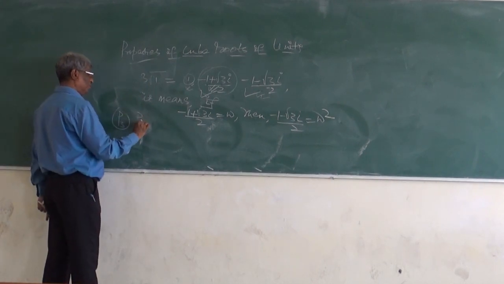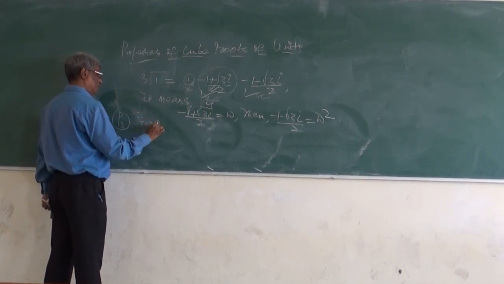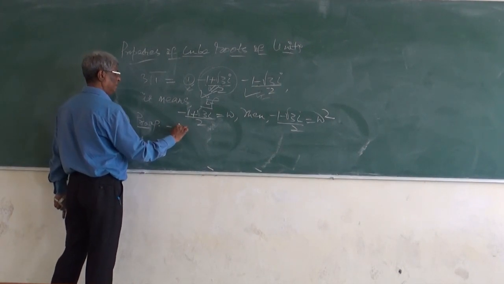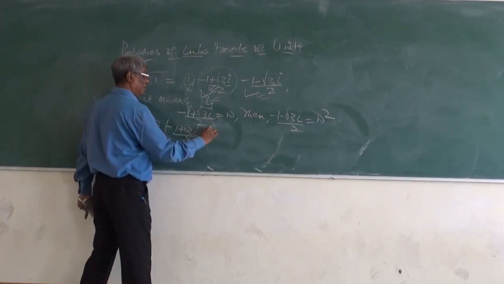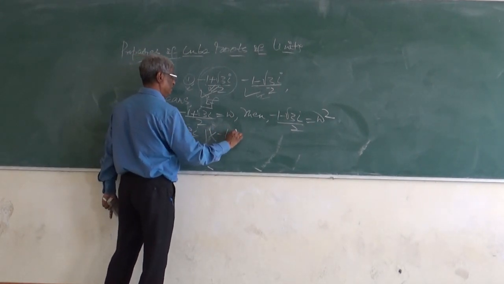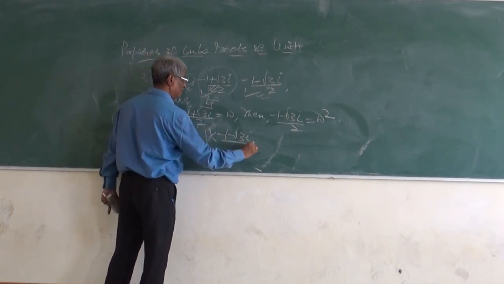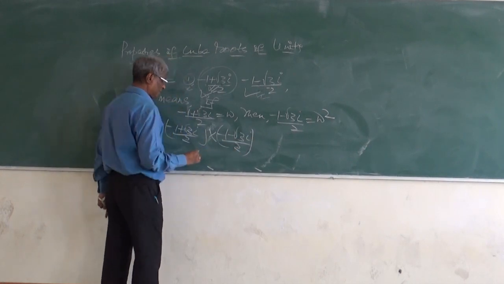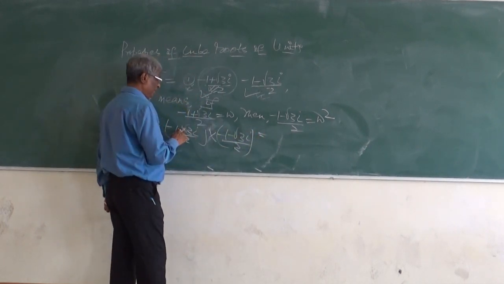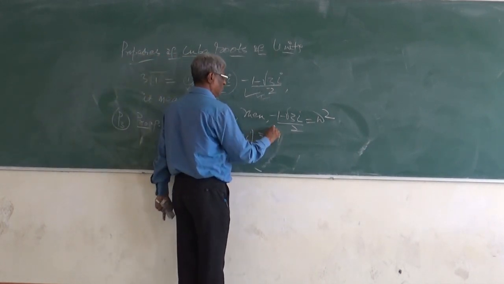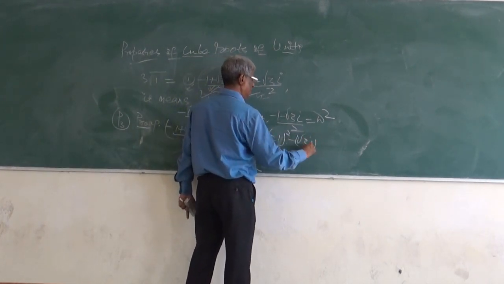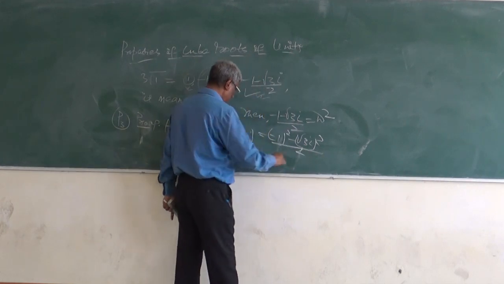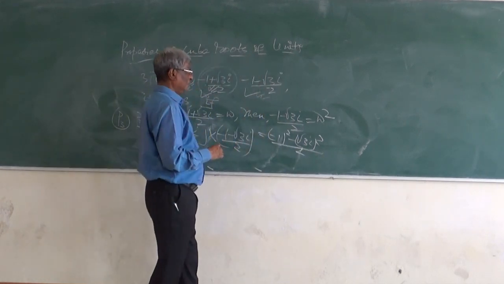So let us give its proof. It will be minus 1 plus root 3 iota by 2 into minus 1 minus root 3 iota by 2. This will be a plus b, a minus b, so a square minus b square, and in the denominator this will be 2 into 2, 4.